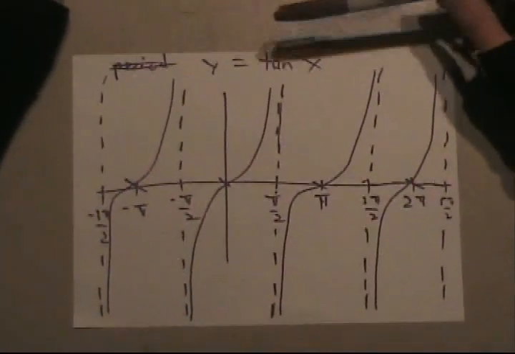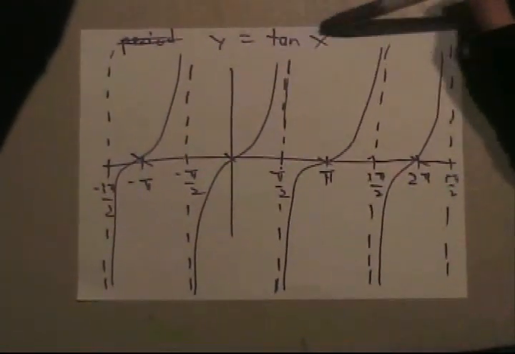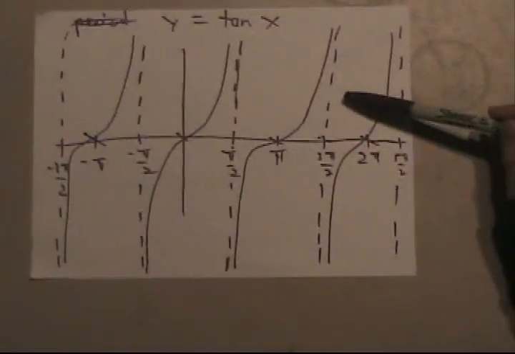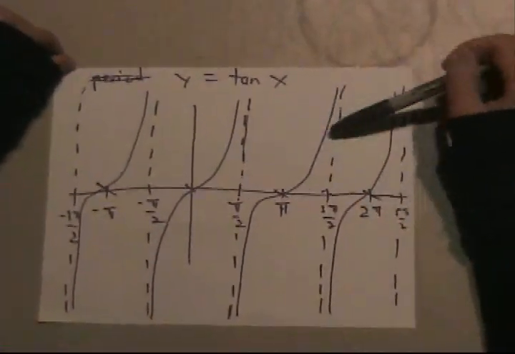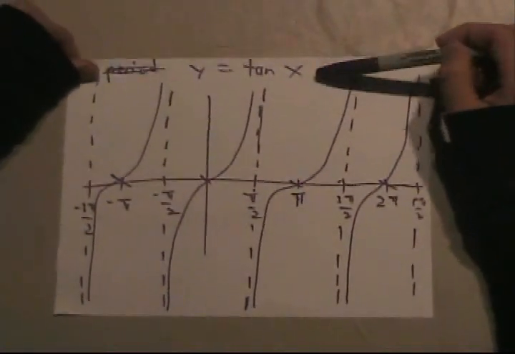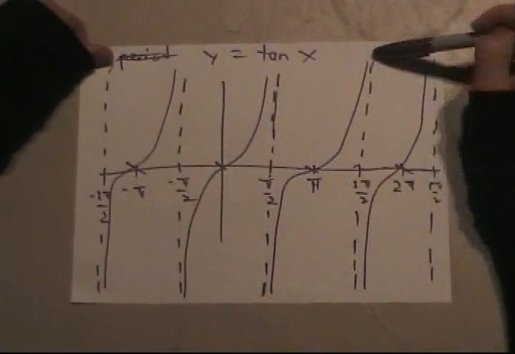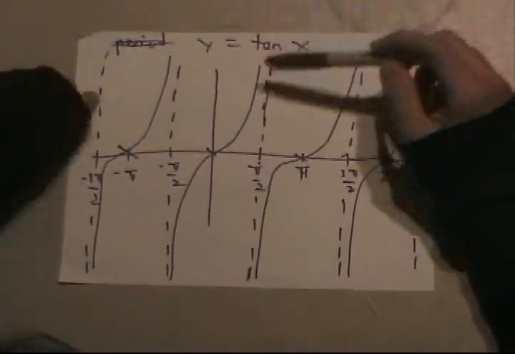Now this is a unique gem in the world of trigonometric graphs, the y equals tan of x graph. The reason why this graph is different is because the coordinates for the tan graph are found by dividing the y coordinate over the corresponding x coordinate on the unit circle. Interesting, I know.